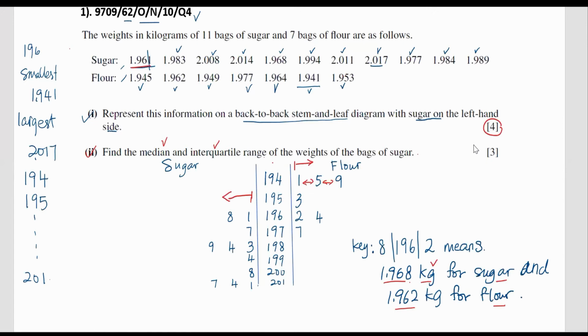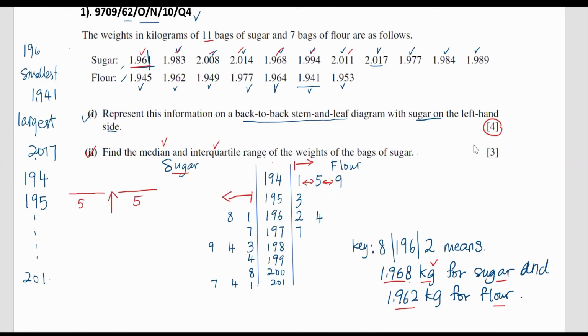For the sugar, they are all together 1, 2, 3, 4, 5, 6, 7, 11 bags. If we have 11 bags of sugar, the data is an odd number, which means there are 5 data below and 5 data above.